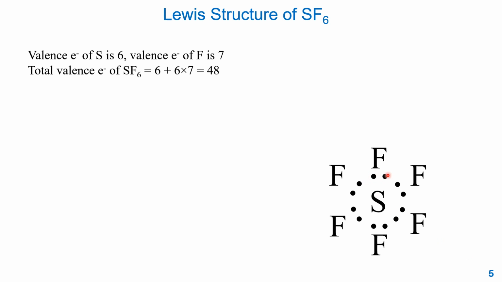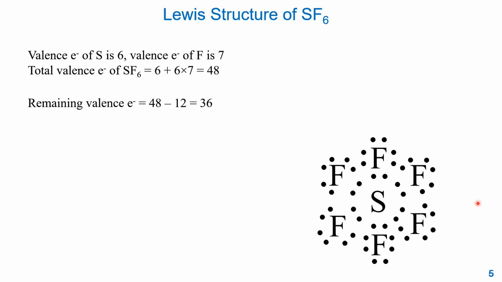So 2 electrons each, that's 12 electrons used. So we use 12, and you have 36 left. Now the 36 electrons will go to the surrounding atoms because fluorine needs an octet. Each fluorine needs 6 more, so 6 times 6 is 36. That uses all the leftover 36 electrons.